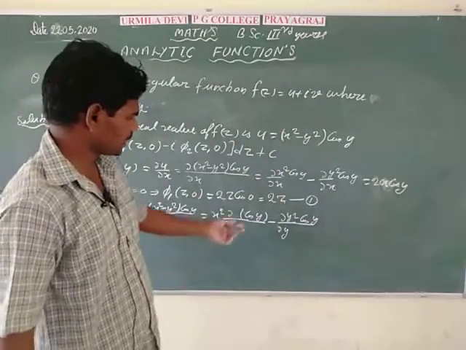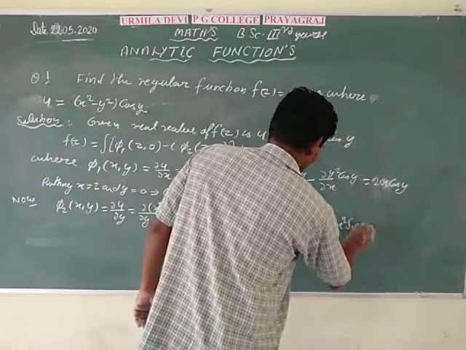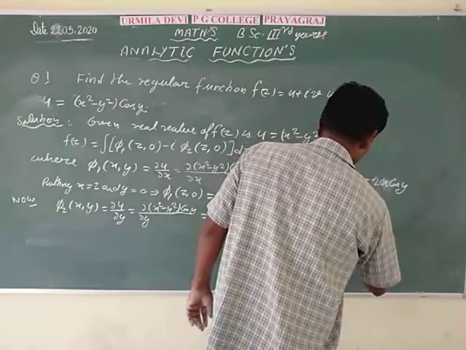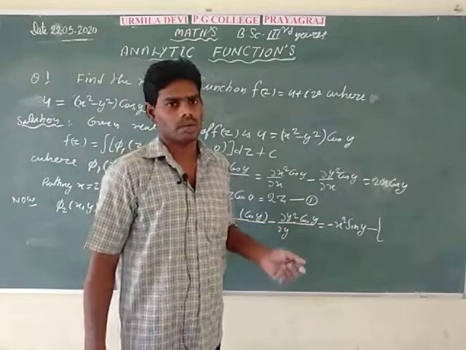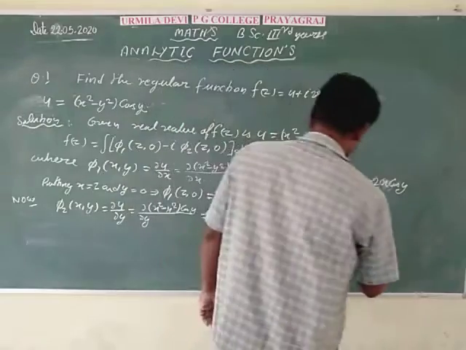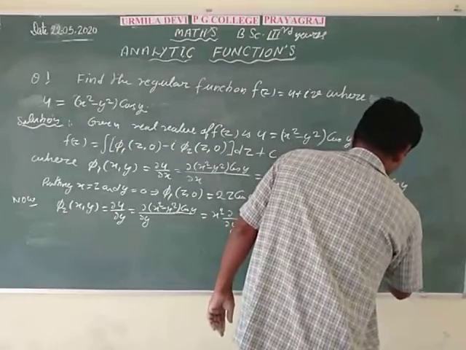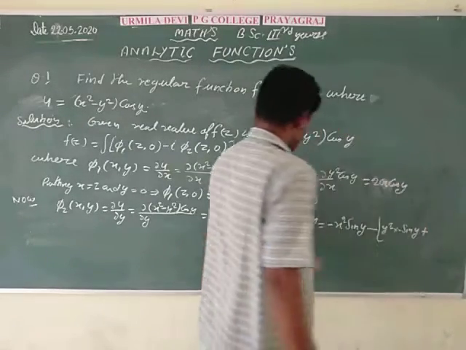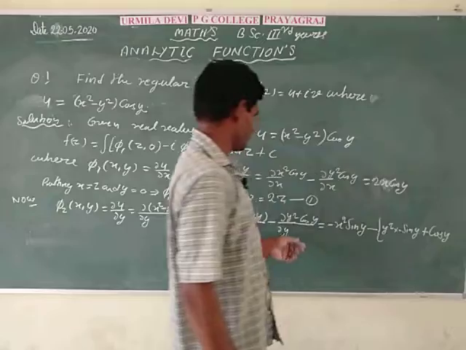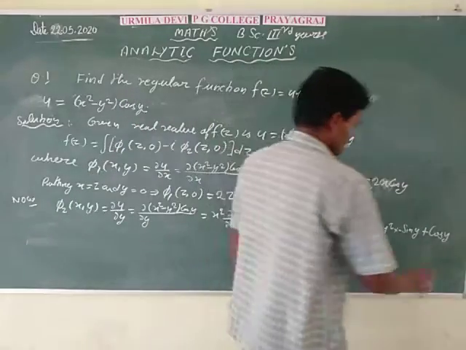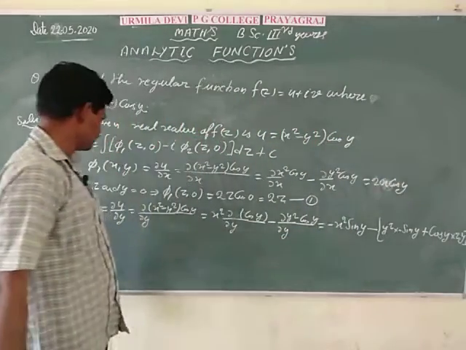The derivative of cos y is minus sin y, so minus x² sin y minus, in the bracket, two functions y² and cos y, so taking the derivative part by part. In the first write y² times the derivative of cos y, which is minus sin y, plus cos y times the derivative of y², which is 2y. This is the complete partial derivative of u with respect to y.